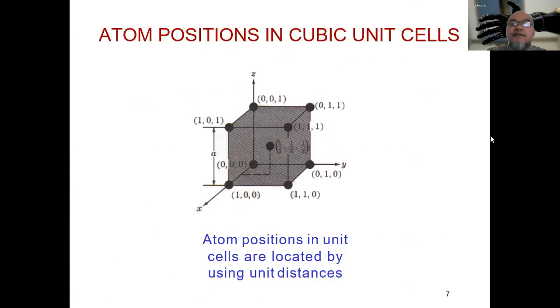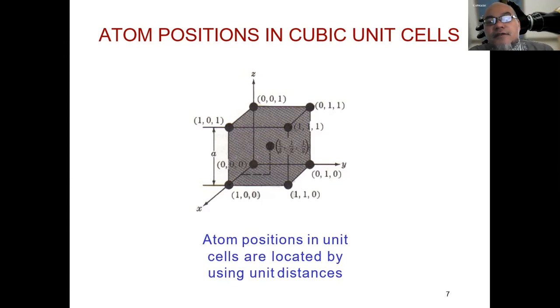And then we learned last week how to indicate positions within that unit cell, which is basically indicated by using the unit distances. If it is exactly at the corner, then it will be 1. The corner of the cubic, for example, in this case, will be indicated by number 1.